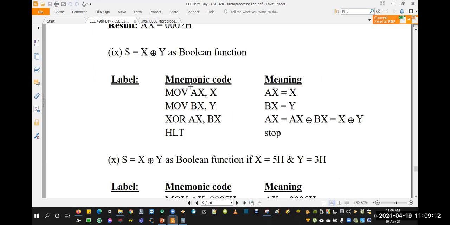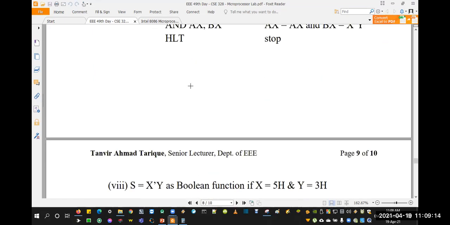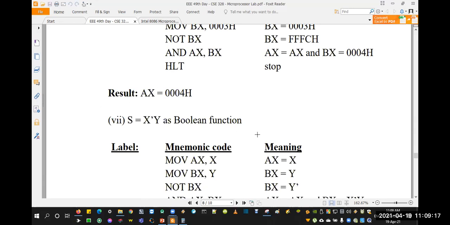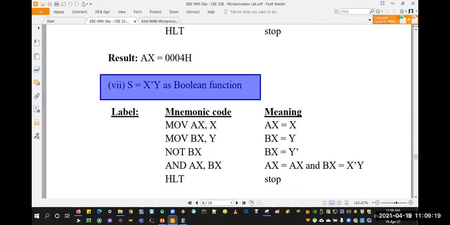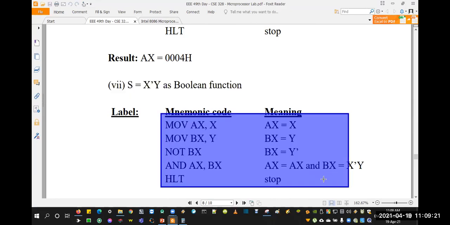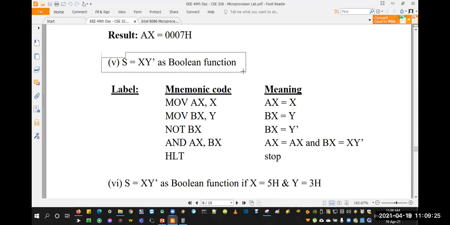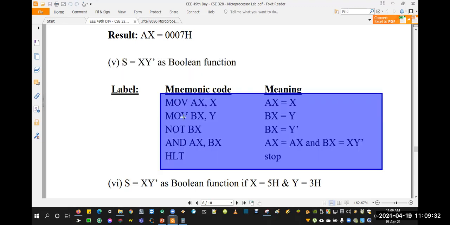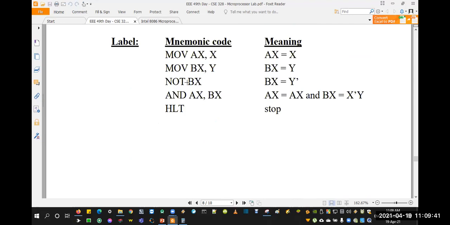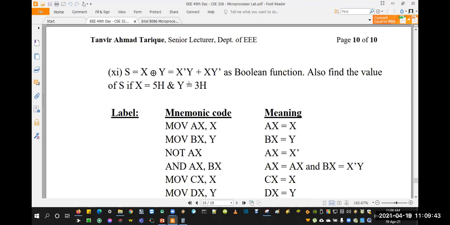Previously today we have learned in the 7th example how to calculate the xy bar, and in the 5th example the previous one is x bar y and this one is the xy bar. That means you have to combine these two calculations. And how can you do that?